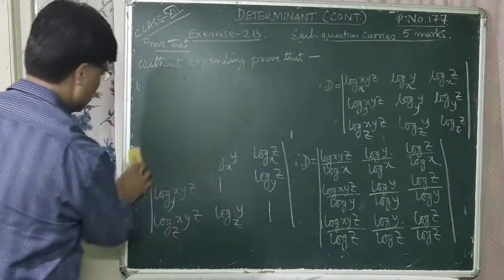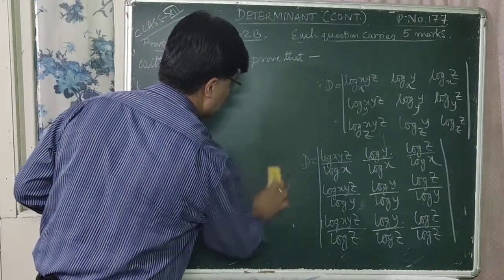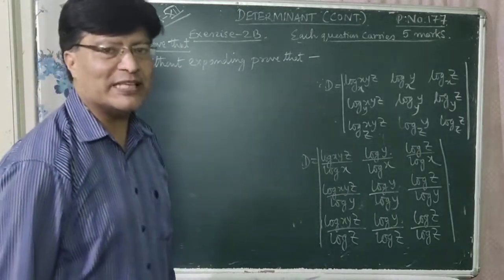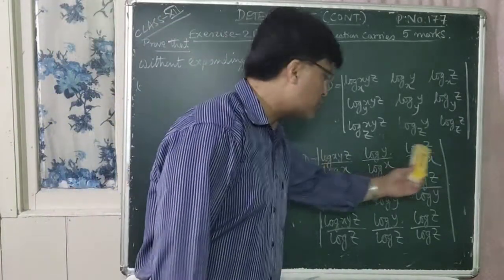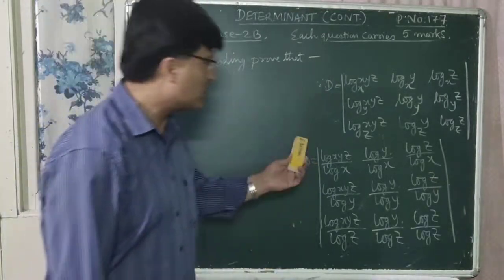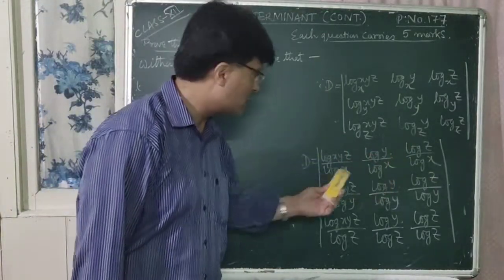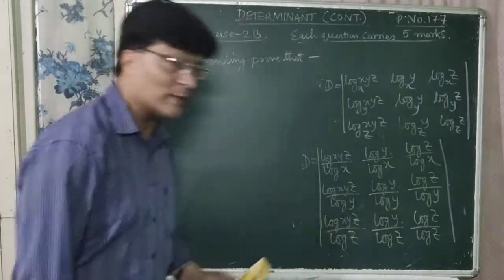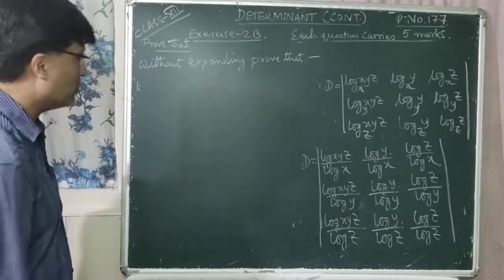Now next, in the next step, what will you do? You can take common from each row. From the first row 1 by log x is common, from the second row 1 by log y, and from the third row 1 by log z. They are taken common.